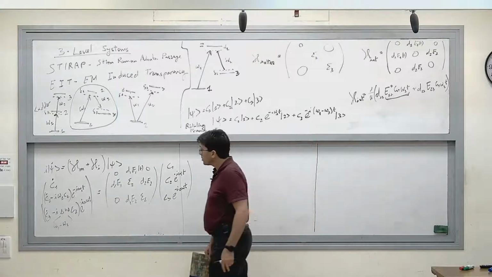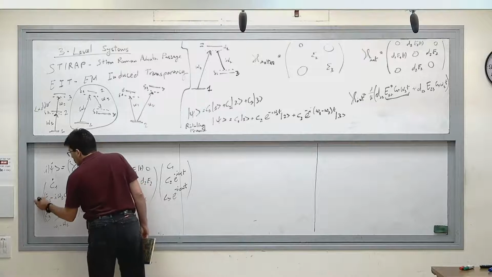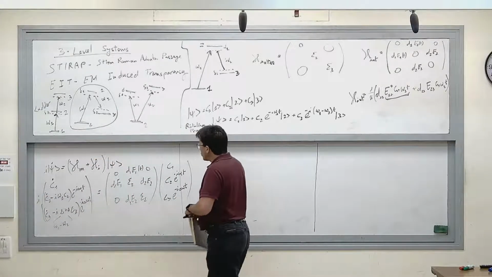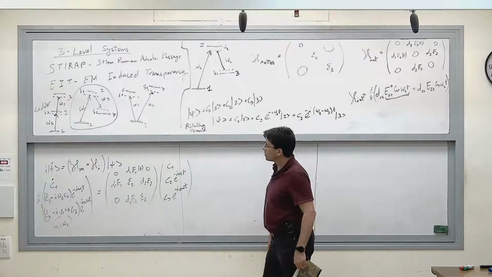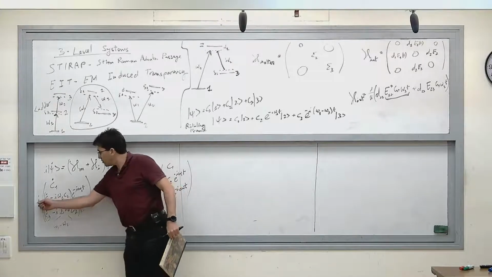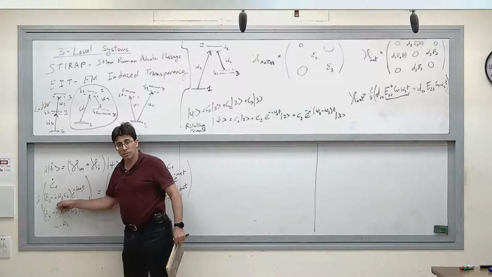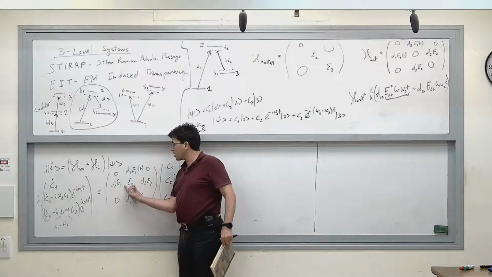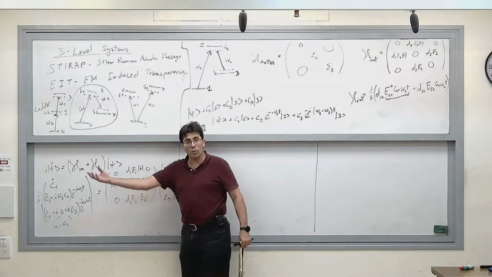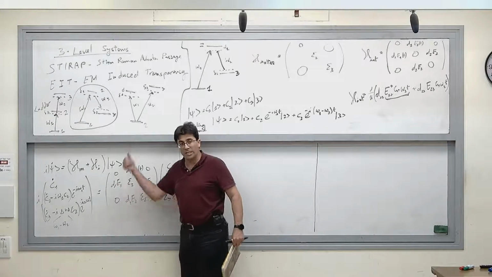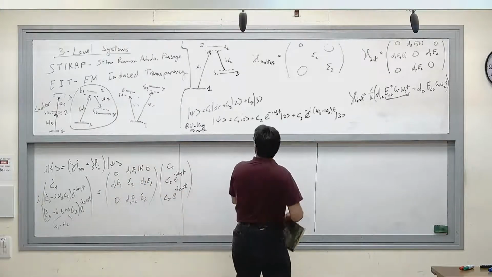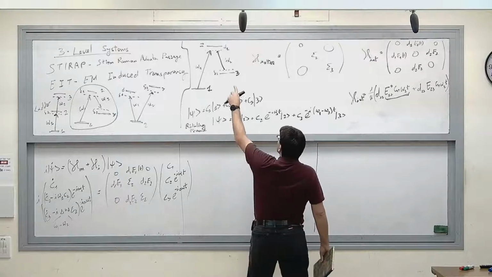So far, there is no approximation. But you can clearly see what will happen. Here we will have omega 1 plus omega 1. And here we will have epsilon 2. Now omega 1 and epsilon 2 are shifted by delta 1. That is the energy separation.